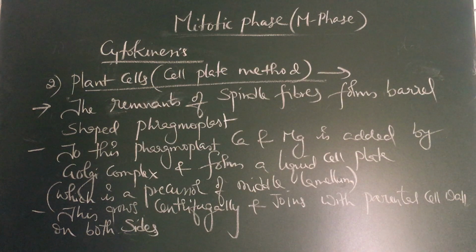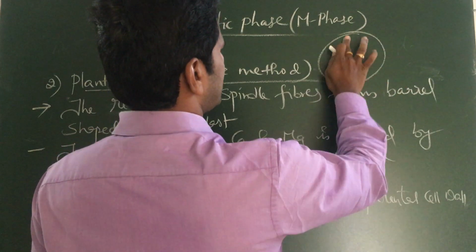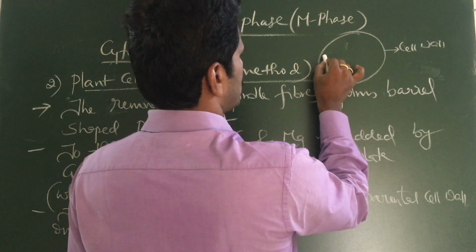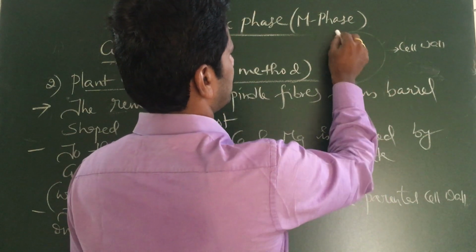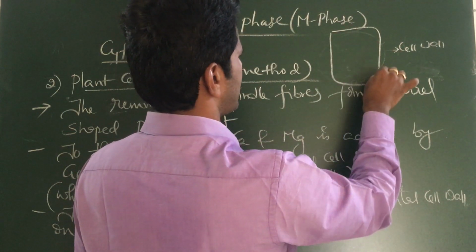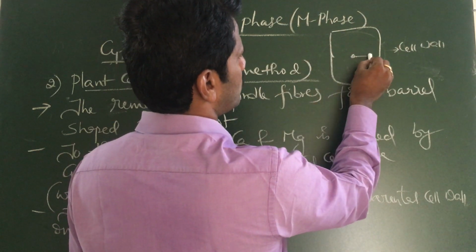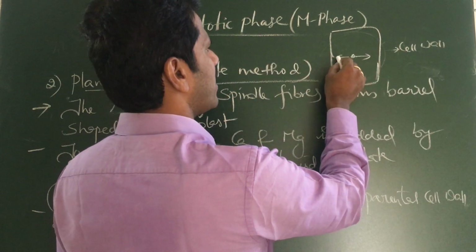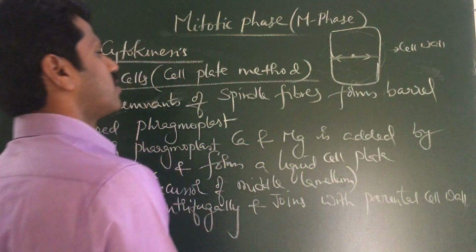Whatever cell plate is formed, initially say this is a cell wall. In the plant cell, from the center the movement will take place in this direction. So this is centrifugal, from center to away, and it forms a barrel-shaped structure called the phragmoplast.